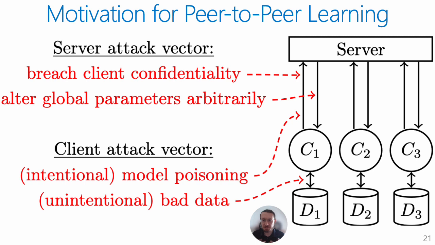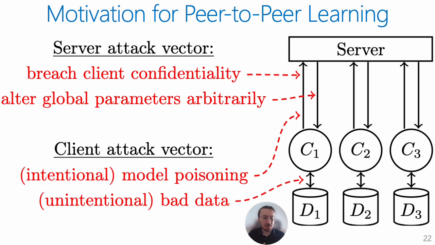Second, the malicious server can also inappropriately change the shared model by, for example, omitting updates from selected clients, adding bogus updates, or otherwise altering the global model updates.